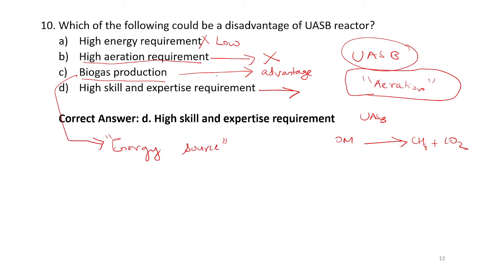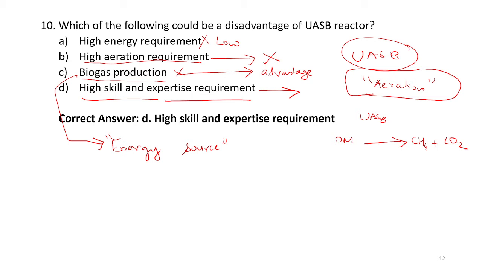Then we are talking about high skill and expertise requirement. So that is a disadvantage of USB reactor, and not only for USB reactor, for any anaerobic treatment system of wastewater, this high skill and expertise is required for the efficient operation of the system.